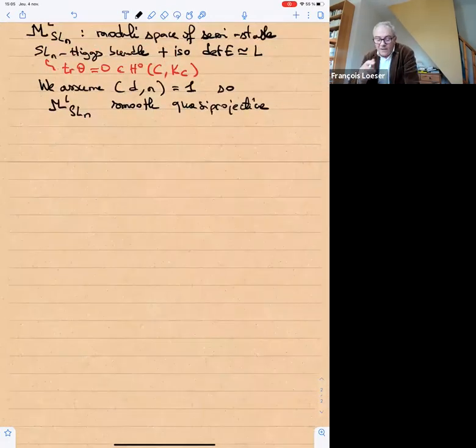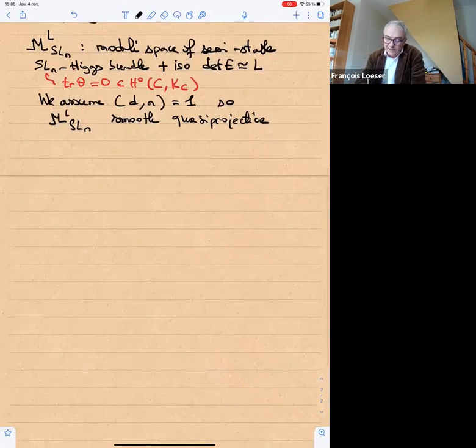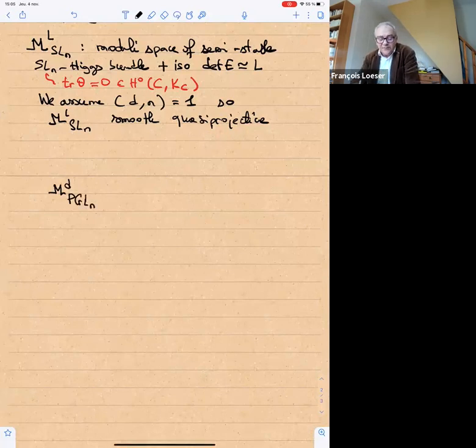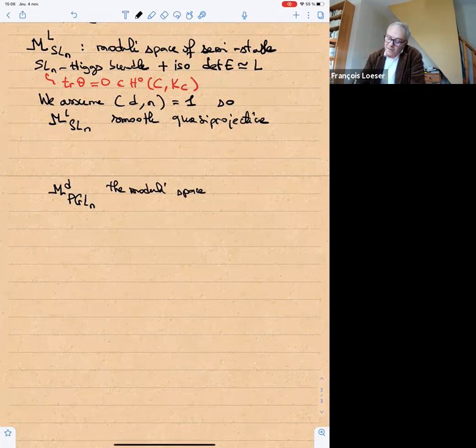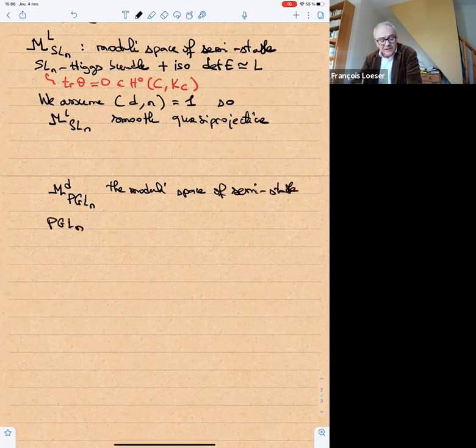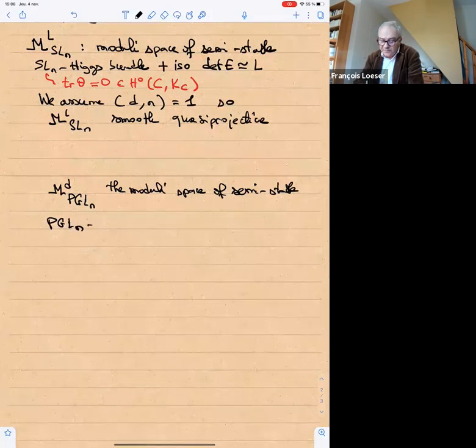And the second one corresponds to PGLN, which is a moduli space of semi-stable PGLN Higgs bundles.